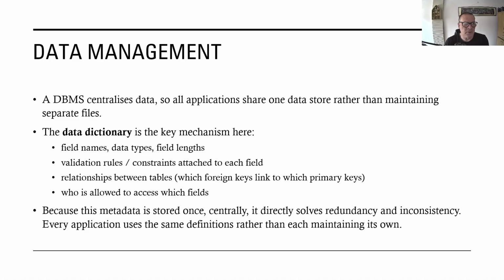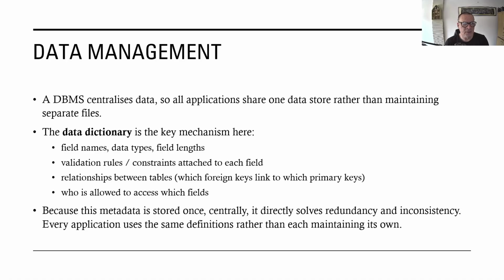So data management. The DBMS centralizes data, so all applications are sharing a single data store rather than maintaining a whole group of separate files. And the key mechanism to do this is the data dictionary.